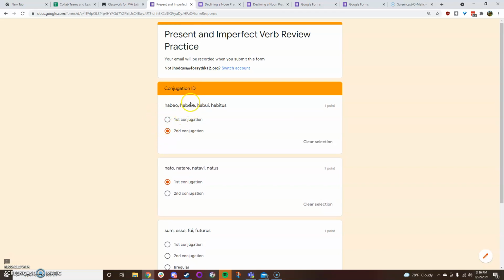Next week, when we learn about the third, third -io, and fourth conjugation, you're going to see other conjugations whose infinitive endings are -ere, and so you'll also have to look at the ending of the first part. So in this case, second conjugation verbs always have their first principal part, habeo, end with an -eo, and the second principal part ends with an -ere.